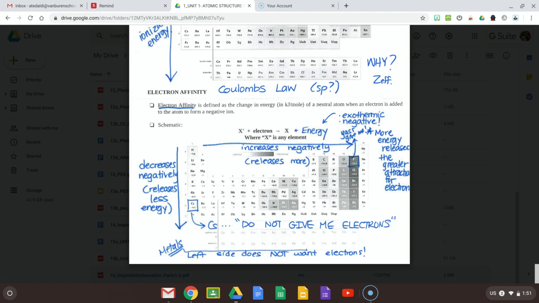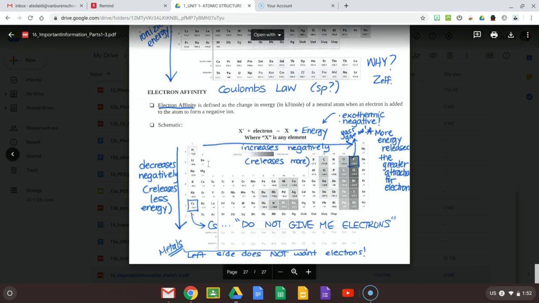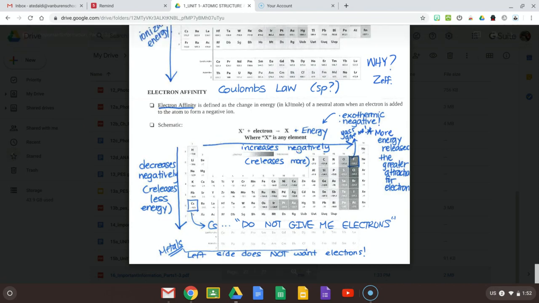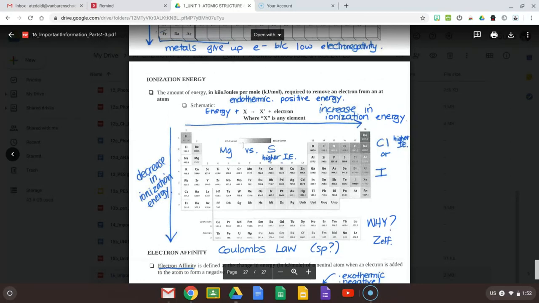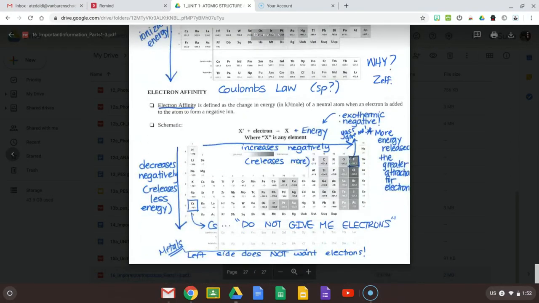If I put two things together, like two atoms or an electron and an element, energy is released. Now, thinking about this negative value, and I specified this as increasing negatively, it's the exact same trend as ionization energy. Fluorine really wants that electron. When you give it that electron, it's going to release a lot of energy.